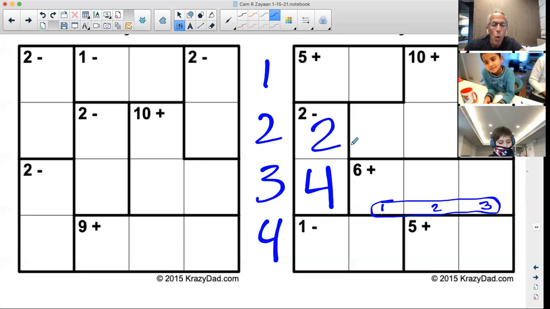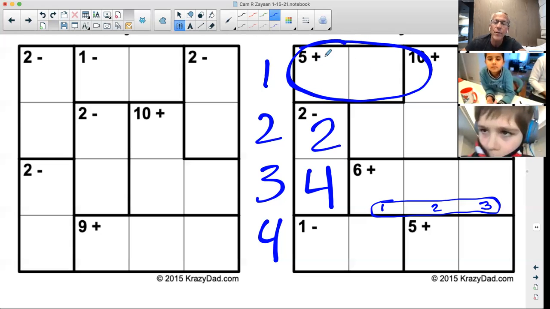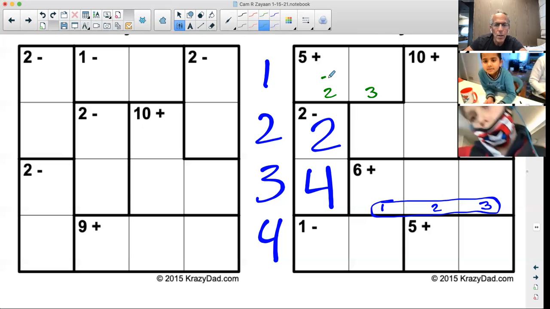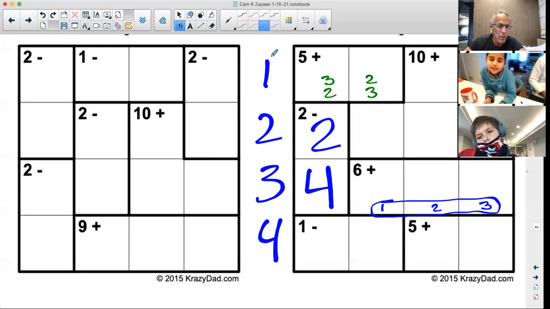Now, boys, what number has to go here? What's the only way to make 5 with 2 numbers? 2 and 3. 3 and 2. Is there another way to make 5? Yeah, 4 and 1. Of course.